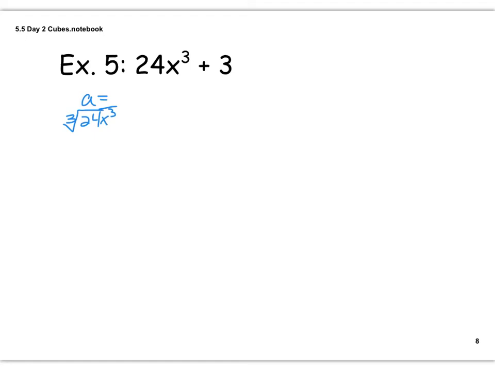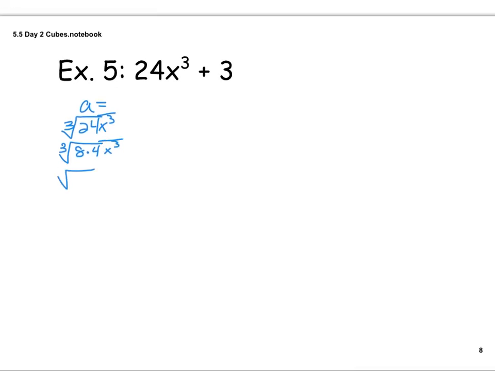Now I know that 8 is a perfect cube, so I'm going to break this down a little bit. I've got 8, and I can multiply 8 by 4, and then my x to the third is still inside of there. Okay, and I can break that down even further by saying, I've got the cube root of 8 multiplied by the cube root of 4 multiplied by the cube root of x to the third.